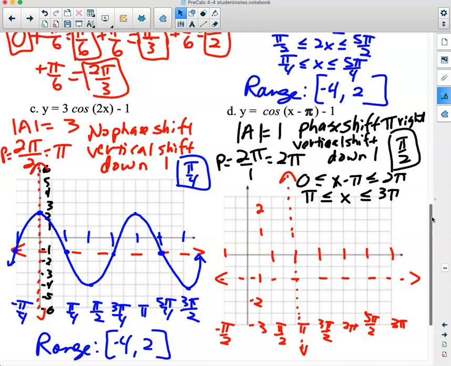And this one's cosine. So cosine is high. So from here I need to go up 1, axis, low, down 1, axis, high, and follow that pattern backwards.